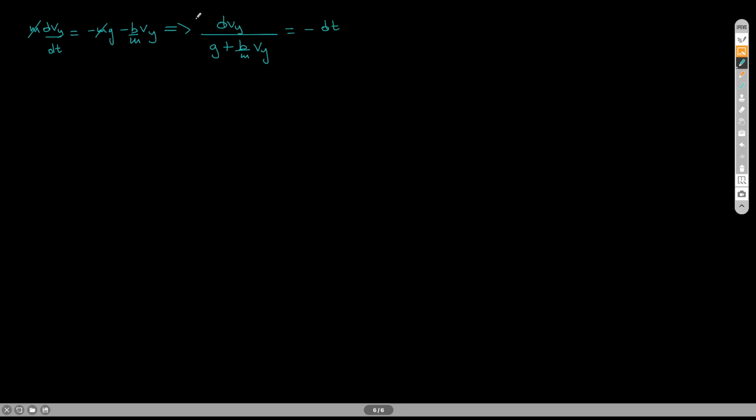Now I will integrate. This goes from vy initial to vy, and I need to use a prime here, and this goes from 0 to t, and I will use a prime here.